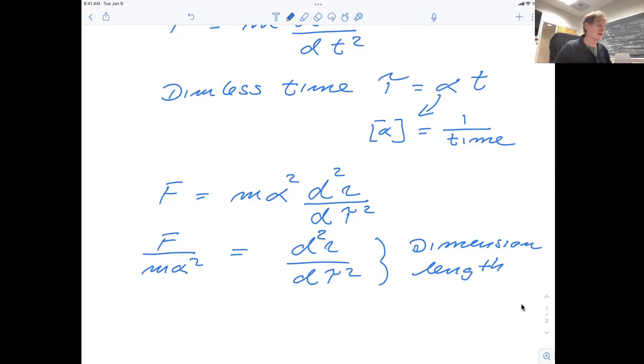If you look at the right-hand side here, we could have simplified it further by making length dimensionless as well. That would give us another constant, and then we could solve an equation for the second derivative which only depends on dimensionless quantities.